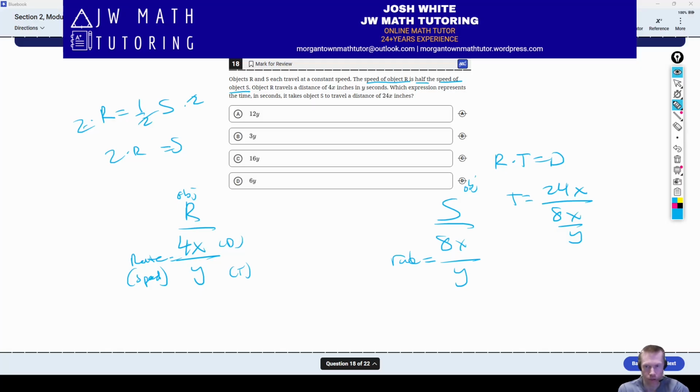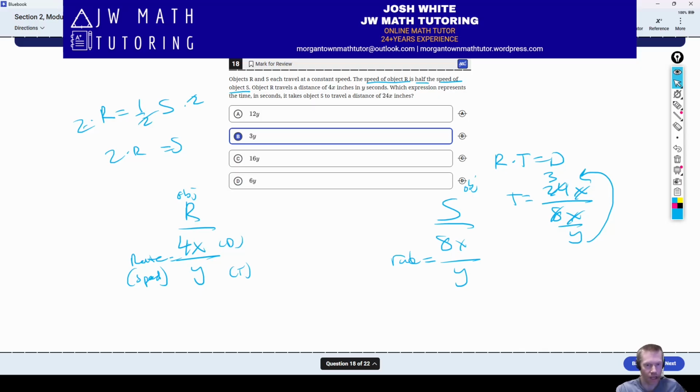Now notice what's going to happen. The x's are going to cancel out, leaving a 3 on top. The y technically will go to the numerator. Notice none of the answer choices are fractions, it's all in terms of y. Therefore, the correct answer is going to be letter B, 3y.